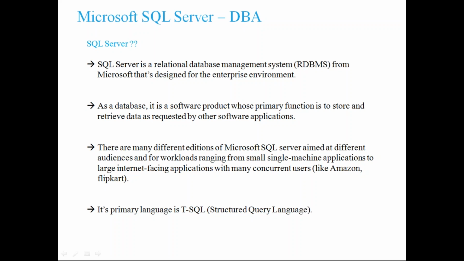If you have a small scale industry, you can opt for a different edition which will cost you less. Or if your organization is very huge and you want to use all the benefits and the features of the versions, then you can go for an Enterprise edition which will give you more features and enhancements.